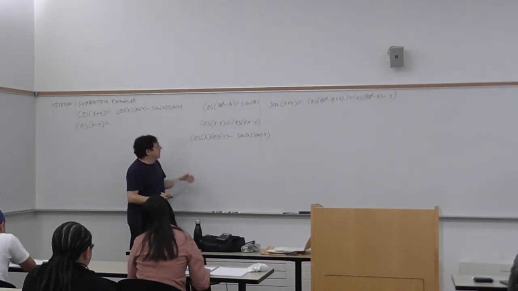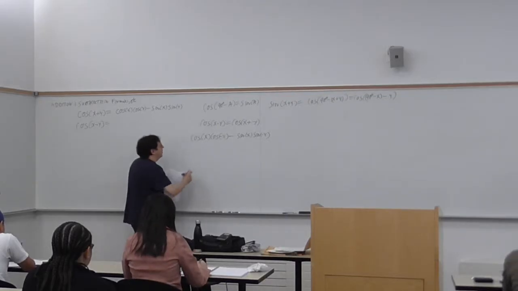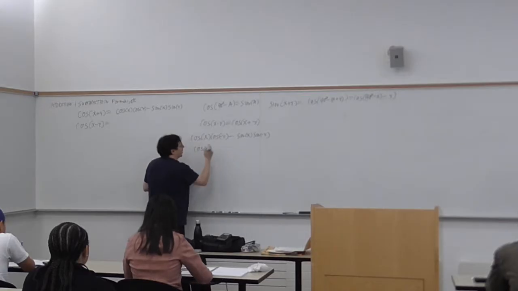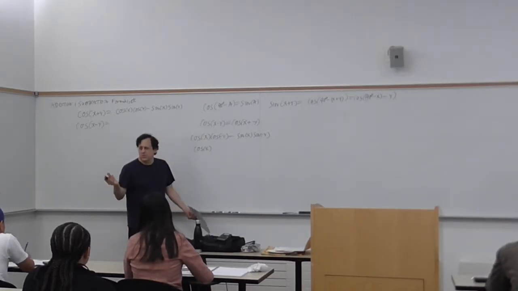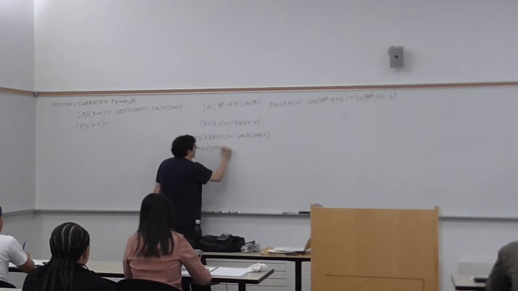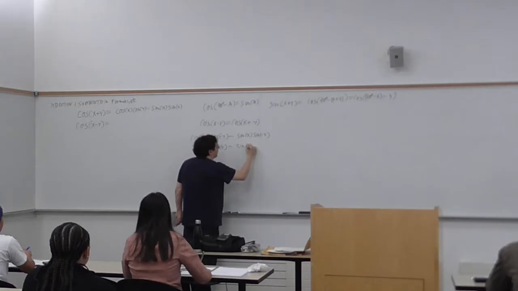Well, I can simplify this using my odd-even identities. Cosine x, what's the cosine of minus y? Okay, we all know this, cosine of y. And sine of x, that's fine.